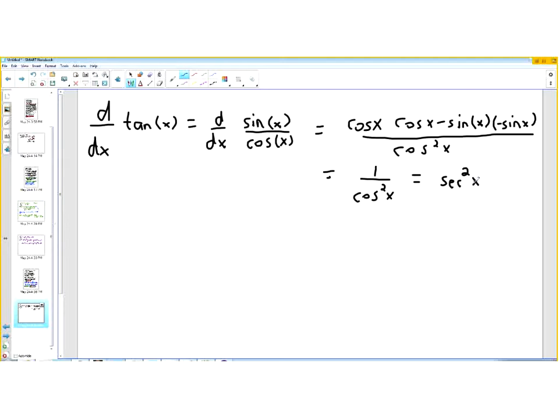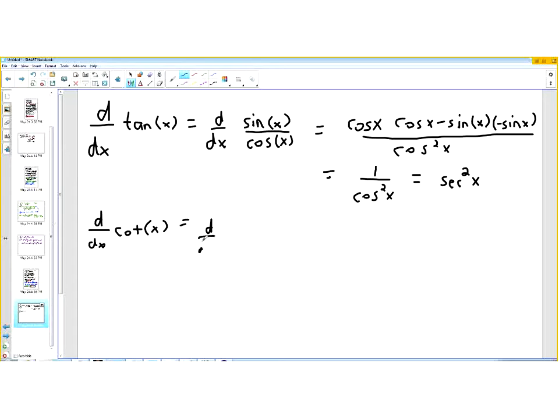So that's what I expect you to memorize as well. Knowing this, you can now calculate the derivative with respect to x of the cotangent function by using its definition. I will leave that to you as an exercise.